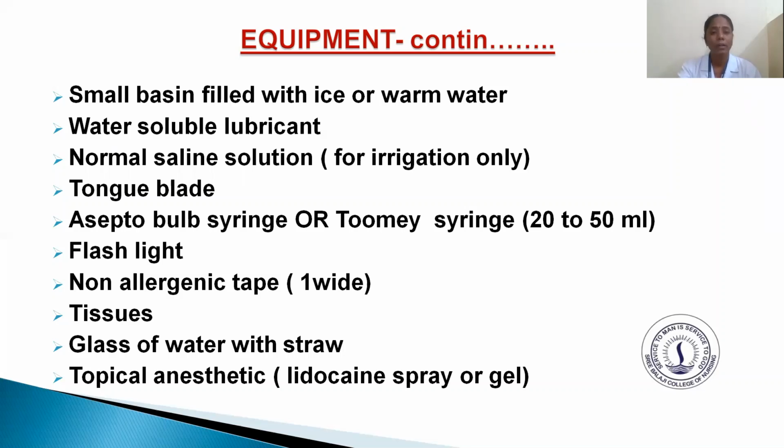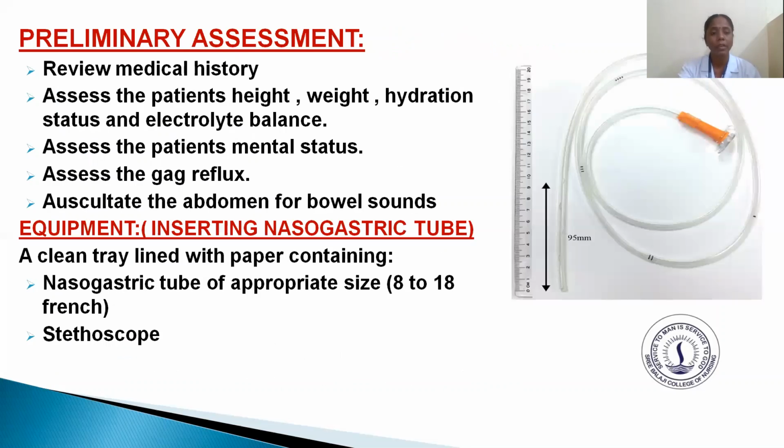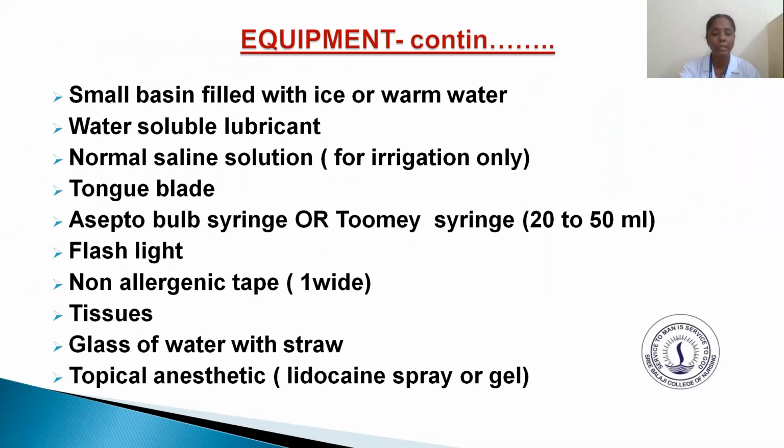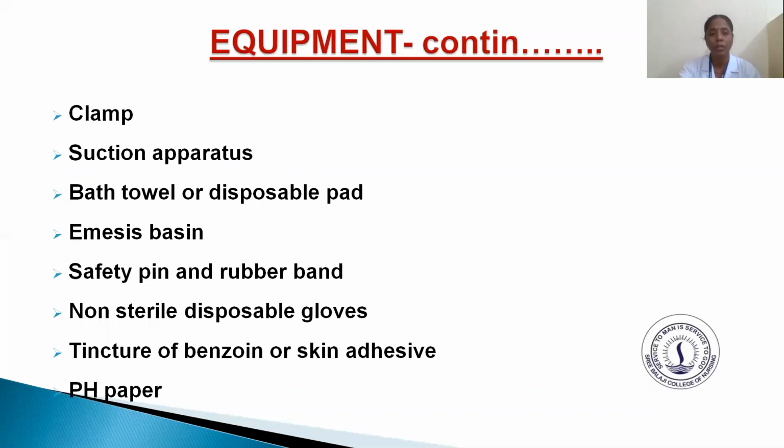These are all the equipment. To recap: a clean tray lined with paper containing the nasogastric tube, 8 to 18 French, and a stethoscope; a small basin with ice or warm water; water-soluble lubricant jelly; normal saline solution; tongue blade; asepto bulb syringe; flashlight; non-allergenic tape; tissues; a glass of water with a straw; and topical anesthetic, lidocaine spray or gel. This is a must for the equipment.